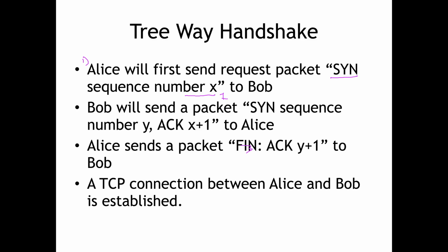Bob will send a packet with sequence number Y. So X could be 100 or whatever, and Y will return a totally different number. And it will have an acknowledgement, and that acknowledgement will be X plus 1.